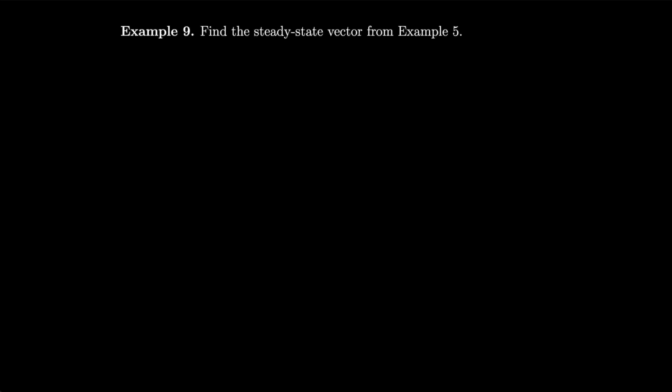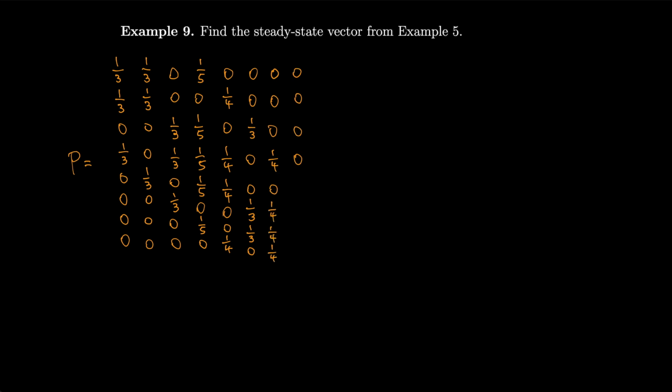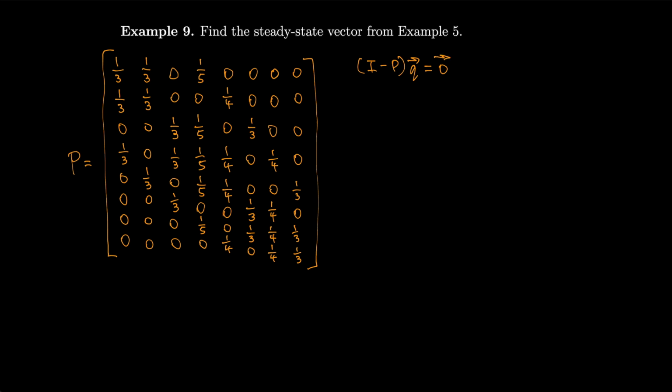Okay, let's finish up by finding the steady state vector from example 5. All right, so this one's a doozy because we have a ginormous matrix P. So I'll quickly rewrite that. Managed to do it a little bit more neatly than last time, but now I have to write I minus P. I'm reducing it at the same time so that I don't have to keep writing this matrix.